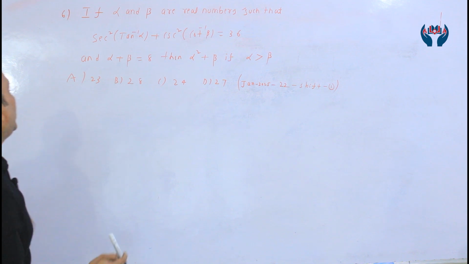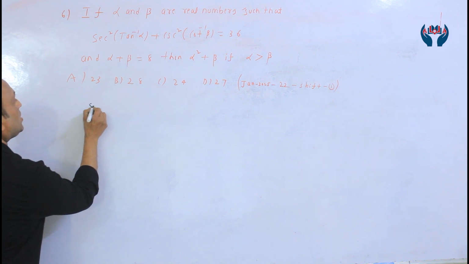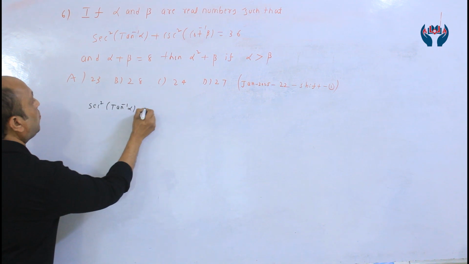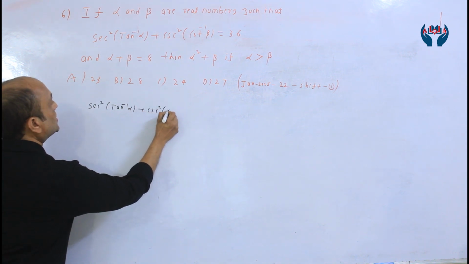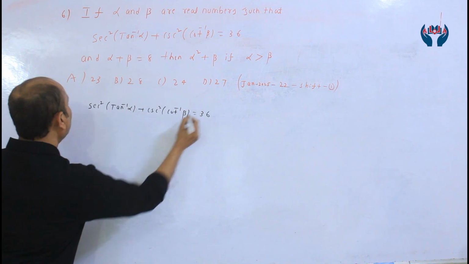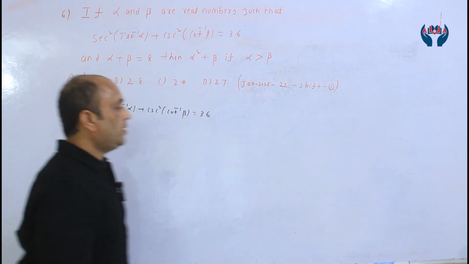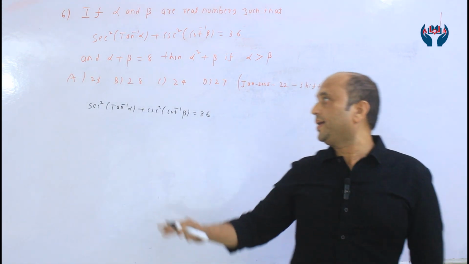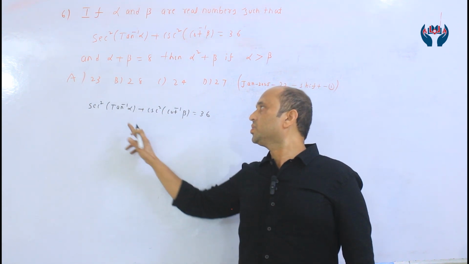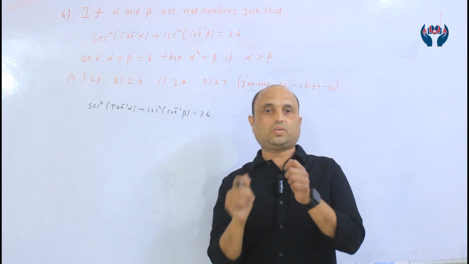By using all these three conditions, find the value of alpha square plus beta. The first equation is secant square tan inverse alpha plus cosecant square cot inverse beta equal to 36. Here we can't simplify these directly, so just convert them.